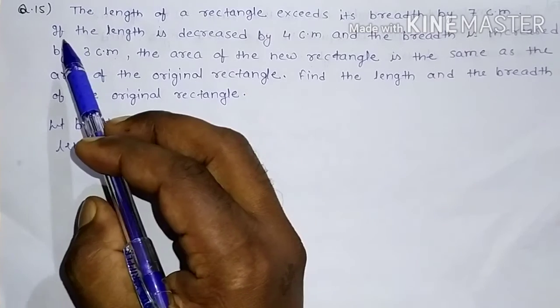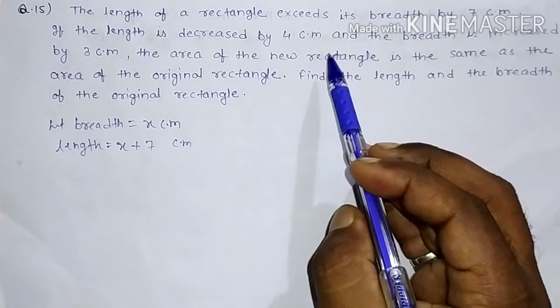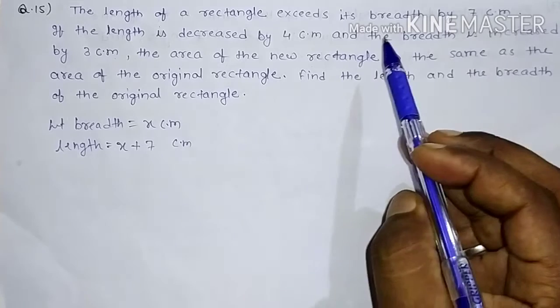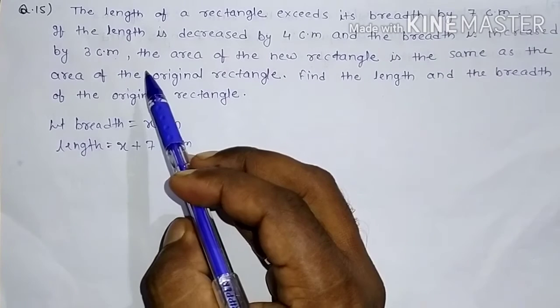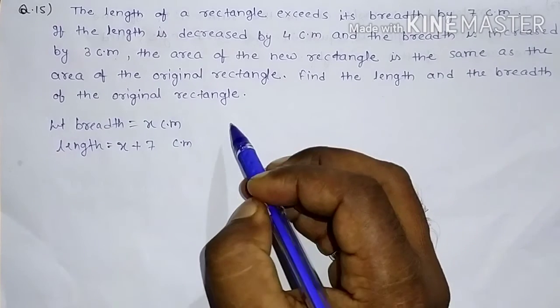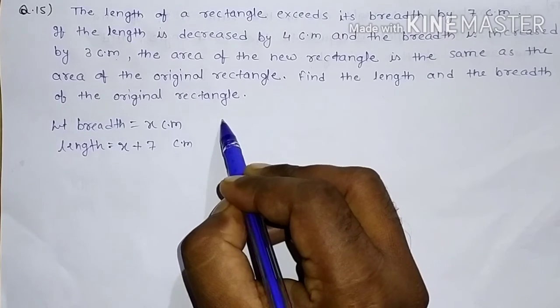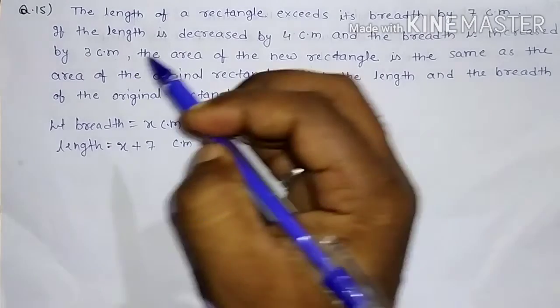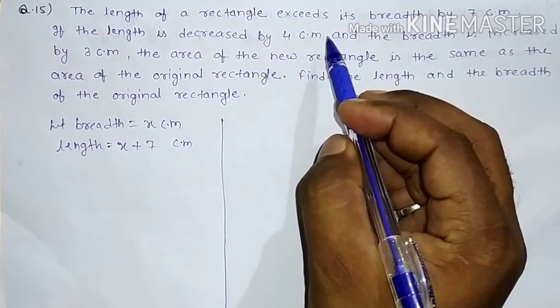Now the next line, if the length is decreased by 4 centimeter and the breadth is increased by 3 centimeter. Now the second case, if the length is decreased by 4 centimeter.